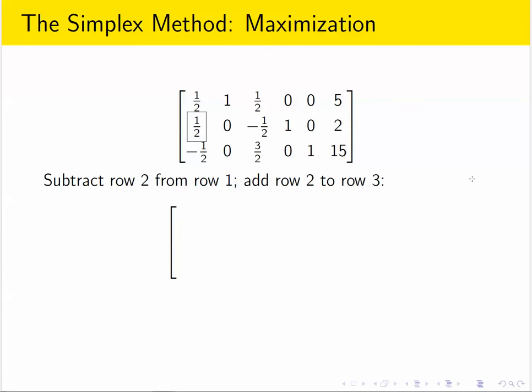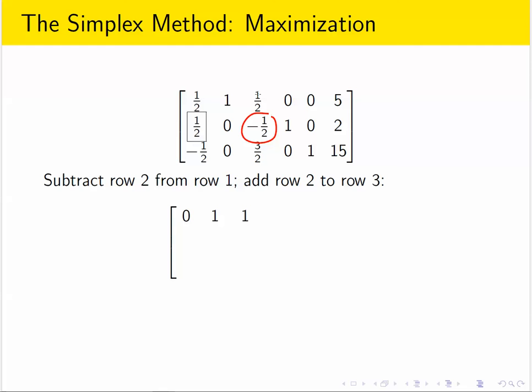Let's begin by subtracting row 2 from row 1 in order to make that a 0. And afterwards, we'll add row 2 to row 3 to make that a 0. So going across, I'm subtracting 1/2 from 1/2 to get 0. Subtracting 0 from 1 to get 1.